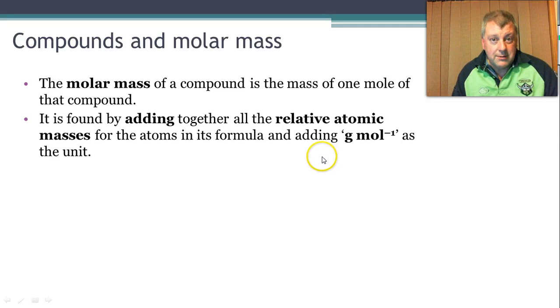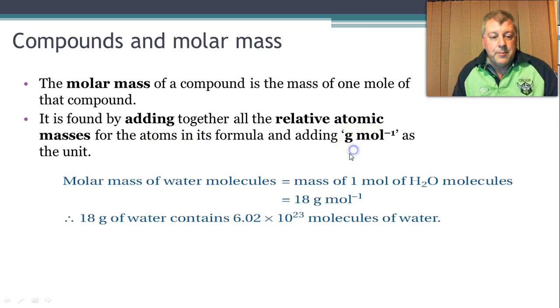So what is the molar mass of water molecules? Well, the mass of 1 mole of water molecules equals 18 grams per mole. So if we have 18 grams of water, we contain 1 mole, or Avogadro's number of molecules of water.